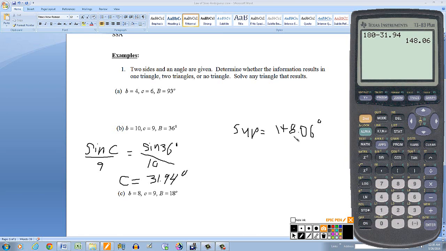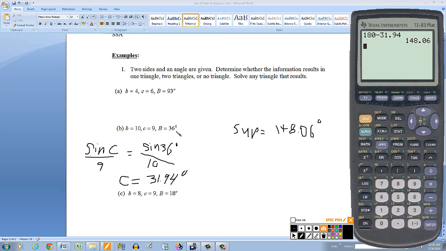In other words, the 148 is not going to be possible, because remember, all three angles have to add up to 180. So if the supplement and the given angle add up to 180 or more, then you don't have anything left for the third angle. Okay, so you can see here that 148.06 plus the given angle, which is 36, is larger than 180.